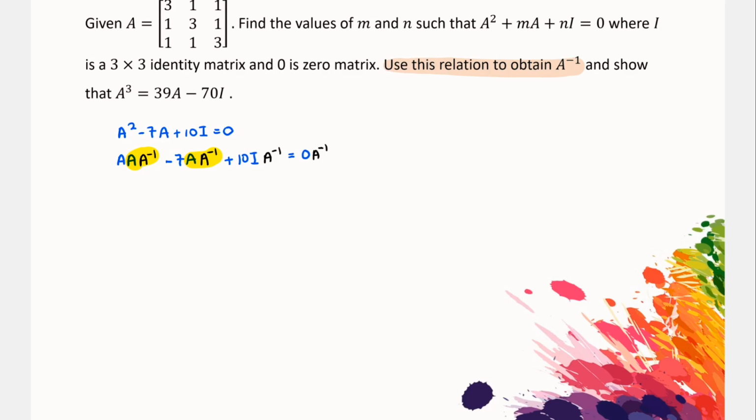So here it will be AI minus 7I plus 10 A inverse equals to 0. So AI is still A. A minus 7I plus 10 A inverse is equal to 0. Since we want to find A inverse, we can rearrange and put A inverse as the subject.